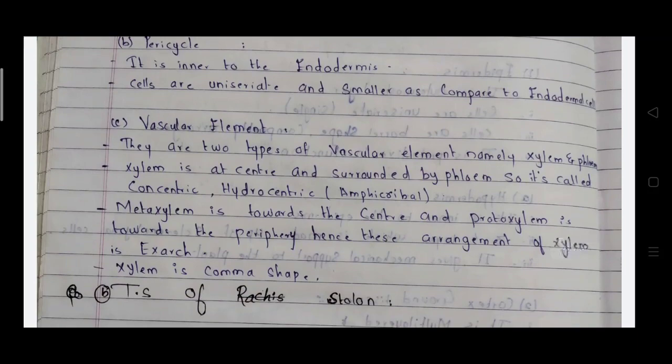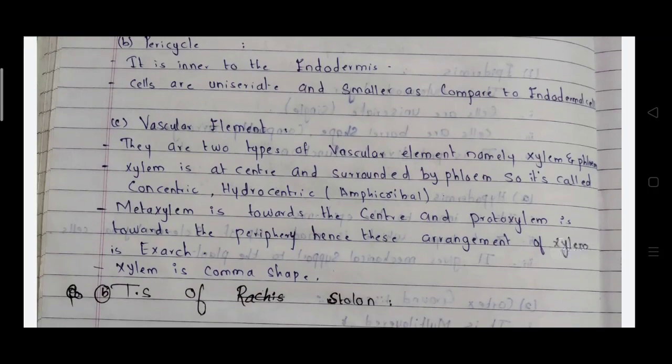So these vascular elements in the rachis: the xylem is present at the center, and it is surrounded by the phloem. This position of the stele is known as concentric or hadrocentric or amphicribal.